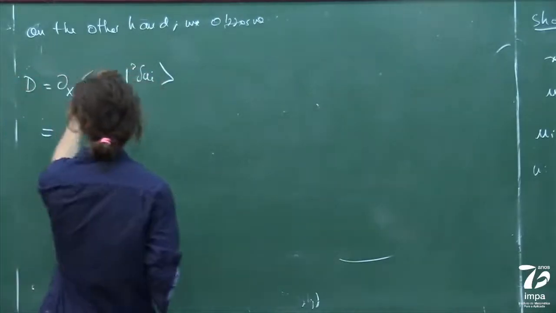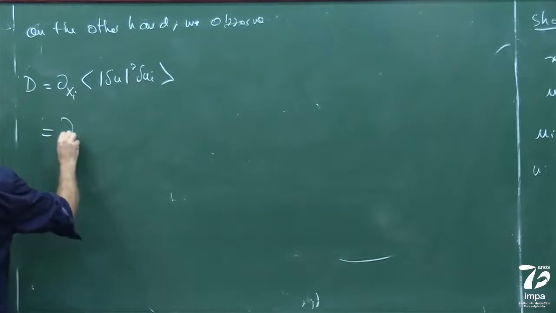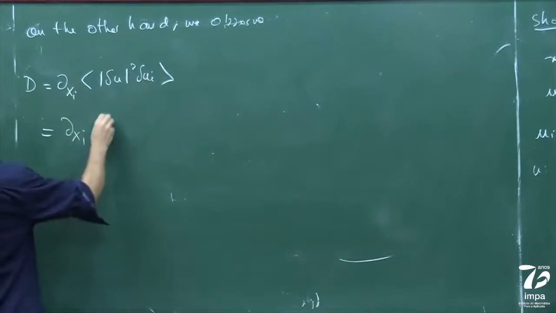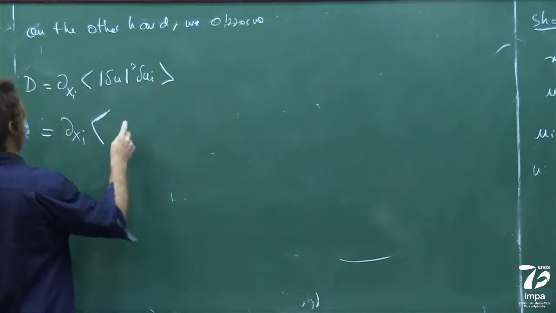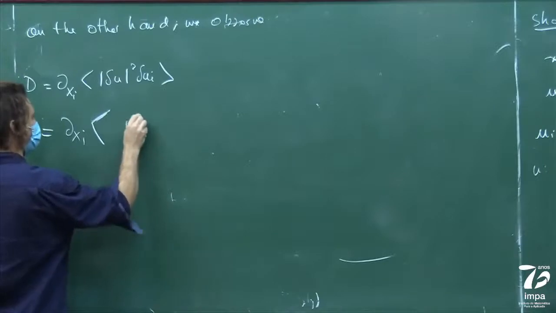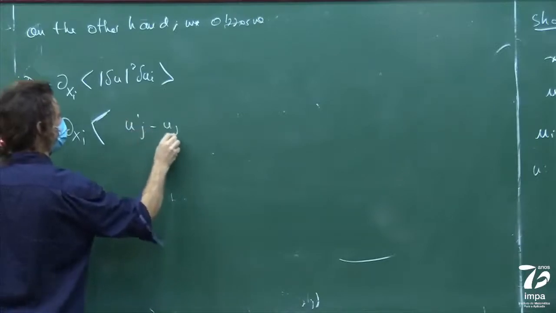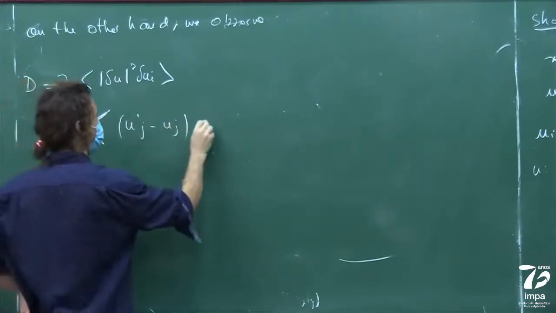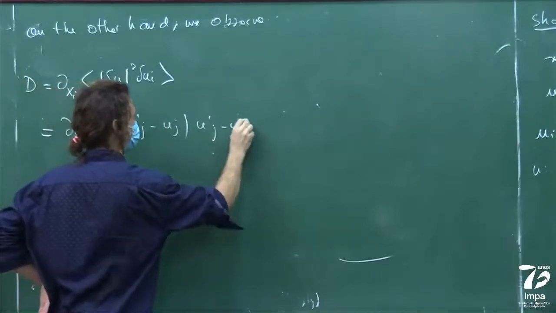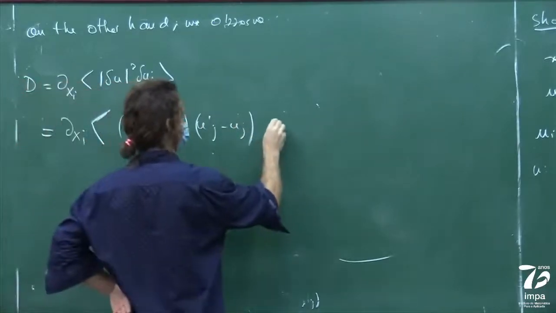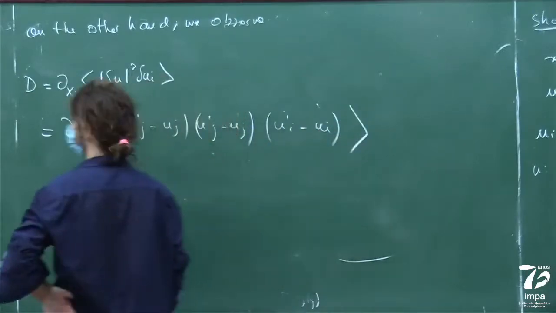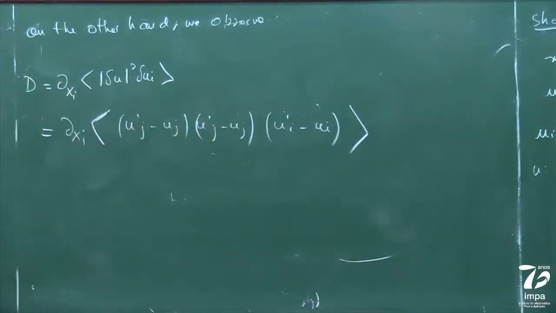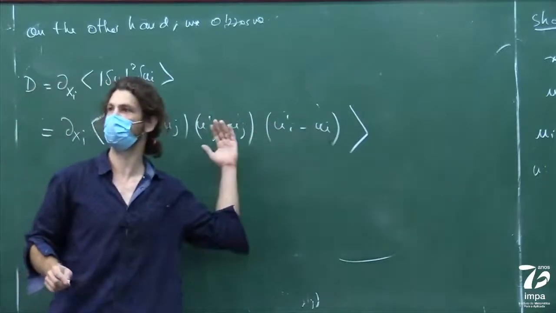So we just have to expand this guy. So this is u prime j minus uj times u prime i minus ui. Now we just need to expand what's inside.